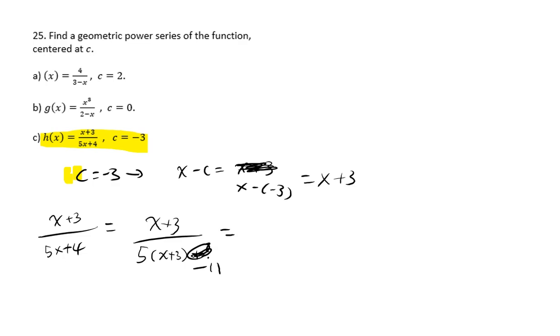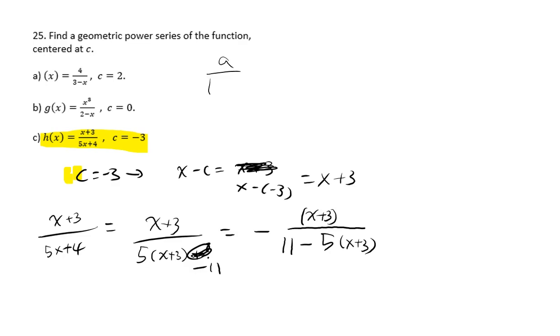Now, you can put a minus in front and make the denominator change places. So instead of 5 times x plus 3 minus 11, you want to write it as 11 minus 5 times x plus 3. And then you have x plus 3.